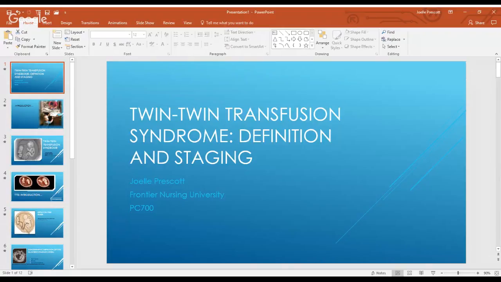If for some reason the placenta would not be a candidate for the laser ablation surgery, another option would be an amnio reduction in the twin that has polyhydramnios.